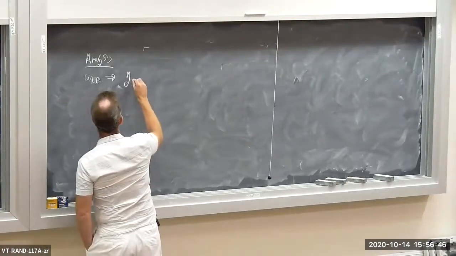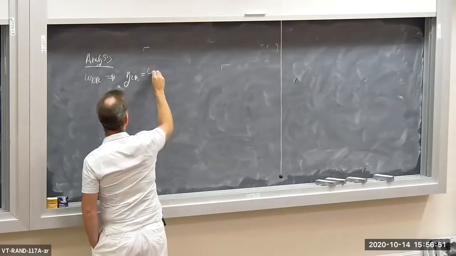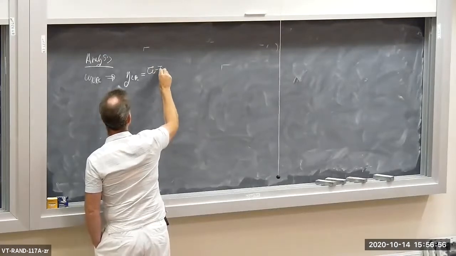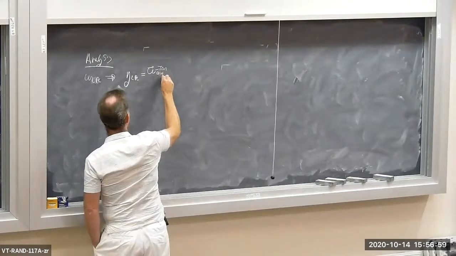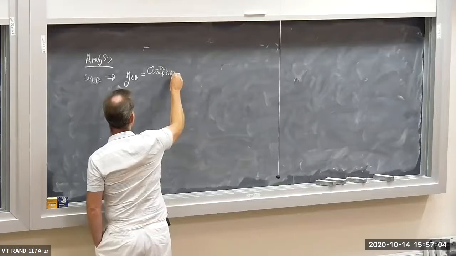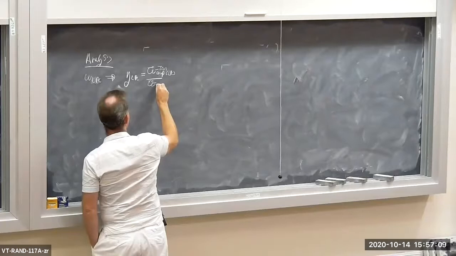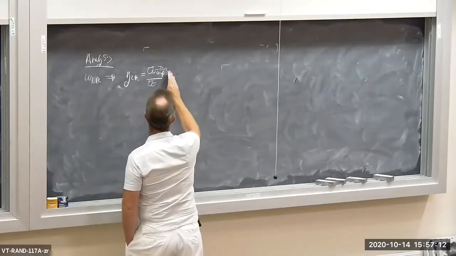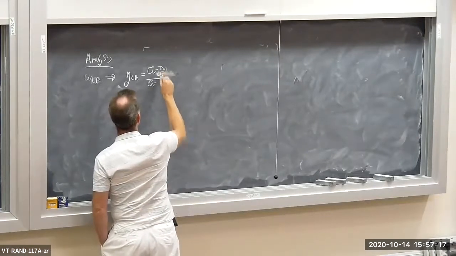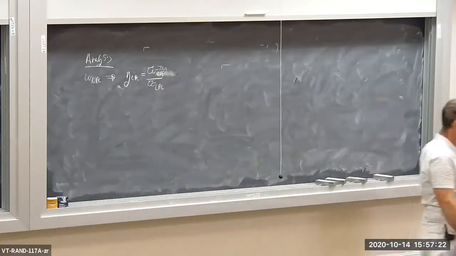So notice the efficiency of the low pressure compressor is equal to the work required for the isentropic low pressure compressor divided by the actual work or power required by the low pressure compressor.